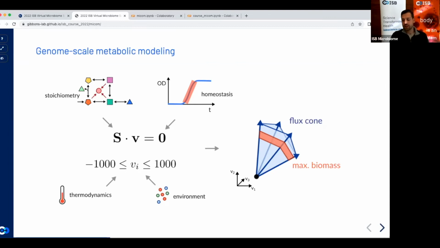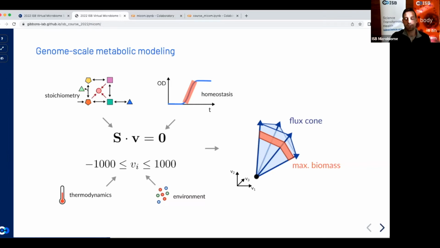What's neat about flux balance analysis is that we can add information from a number of different sources in order to determine our optimal solution. As we've mentioned, we can use the reactions that are present in our system to build a stoichiometric matrix, like the one that we described in the last slide, that mathematically represents all the reactions taking place in our system and how they interact with each other.